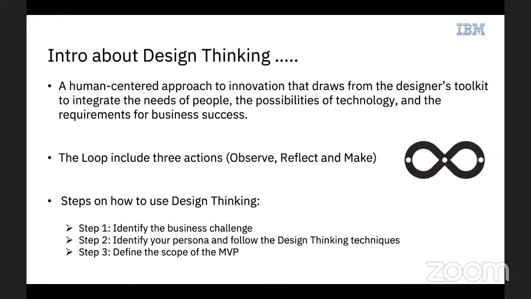Now, observing means that you do your research, you observe the market, you see what business challenges are out there, so you can start working on reflecting on these business challenges. Reflecting on these challenges means you can come up with a few ideas to overcome them. So you can move to the make action, where you start implementing the solution that you came up with.